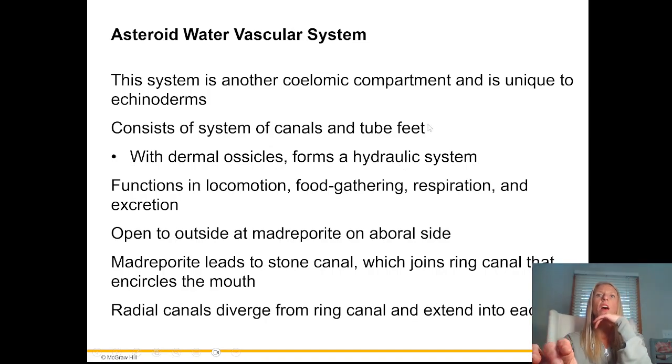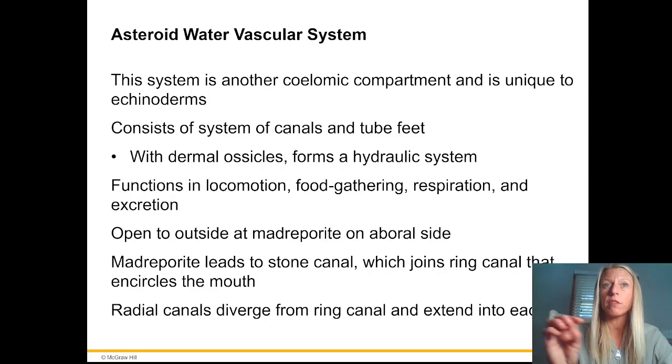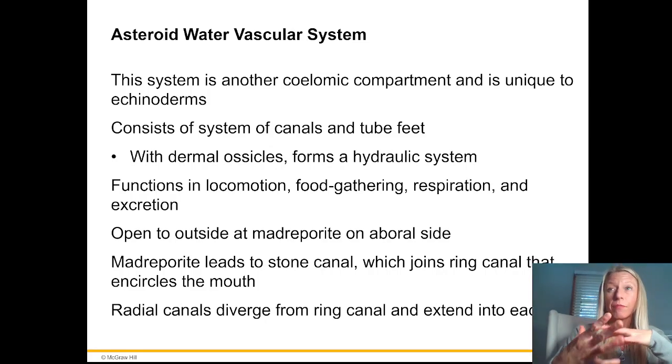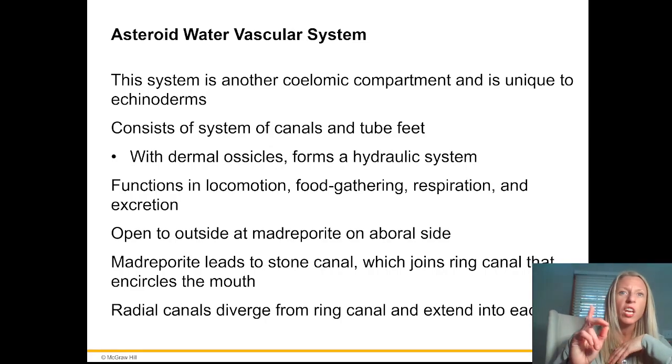The water vascular system is another coelomic compartment and unique to echinoderms. It's a system of canals and the little tube feet with dermal ossicles, and it forms a literal hydraulic system. It functions in locomotion, food gathering, respiration, and excretion.